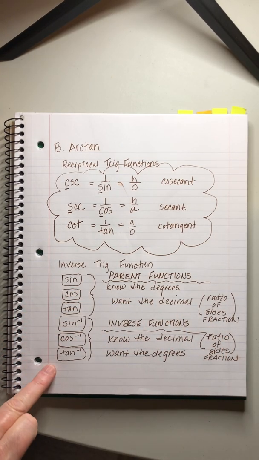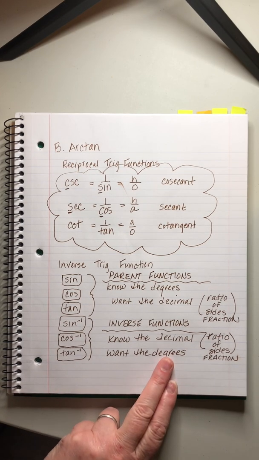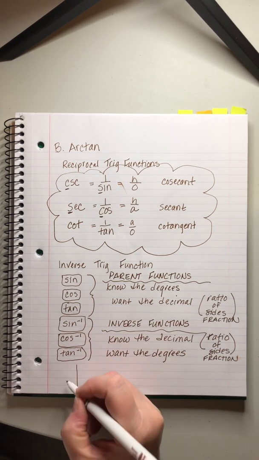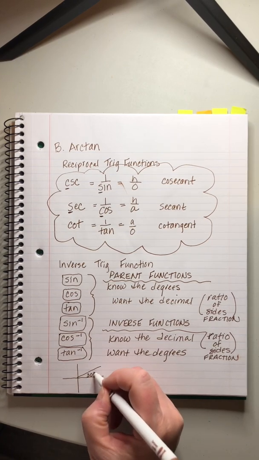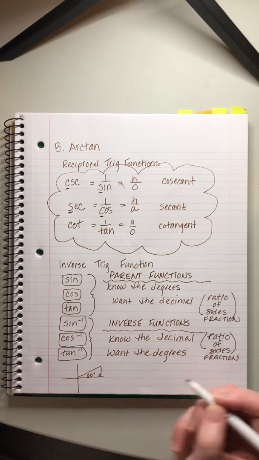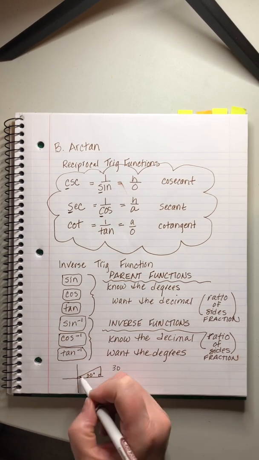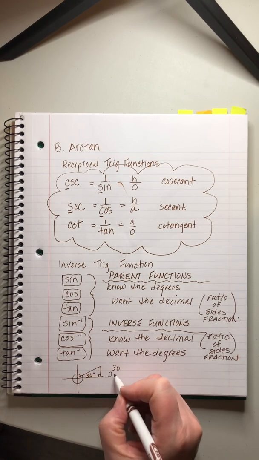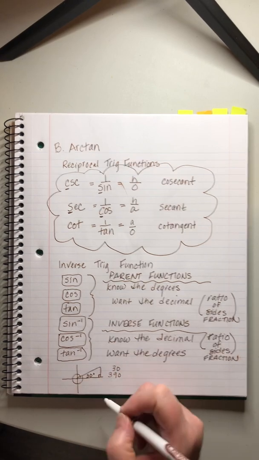Okay, now here's the thing about the inverse functions. We're finding the degrees, but let's say we have a 30-degree angle right here. We know that we could call that a 30-degree angle, or we could spin around an extra time and call it a 390-degree angle, right? Because it would be 360 plus another 30.